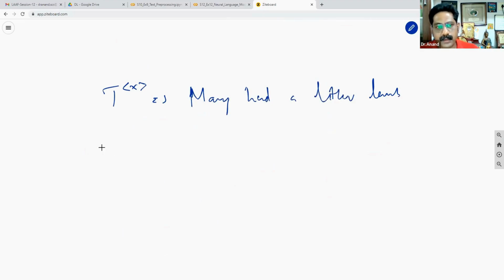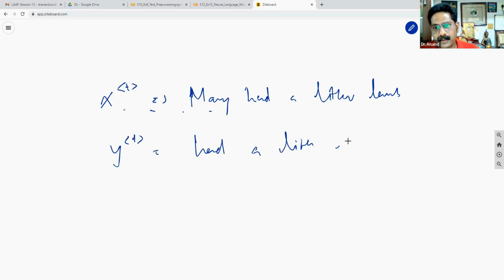Or I can say the total number of tokens is tx. Maybe my xt flow goes like this, and similarly my yt flow goes: "had a little lamb", EOS.